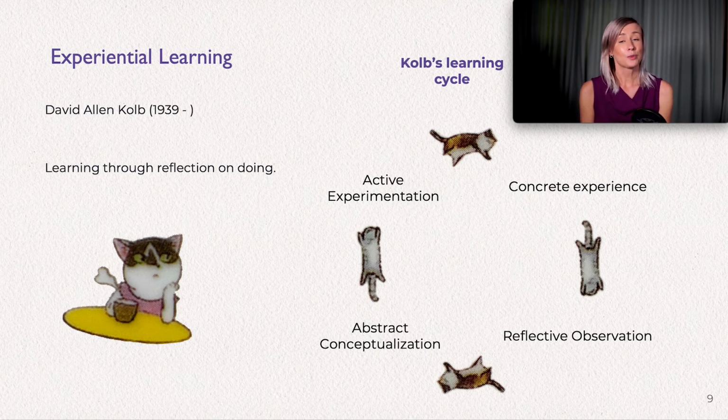Here I also want to note that pragmatism and experiential learning can be seen as a clear criticism of more classical lecturing. For example, in the zone of the proximal development that we had.